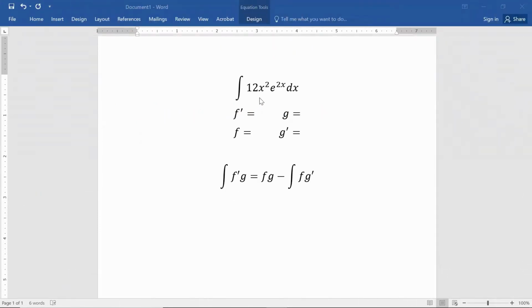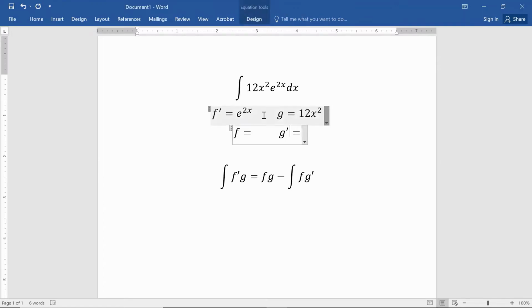We need to, once again, decide what our f prime and our g are in this integration by parts formula. F prime in this case should be the exponential function. Anytime we have a polynomial times an exponential function, the exponential function becomes our f prime, and the polynomial becomes our g.